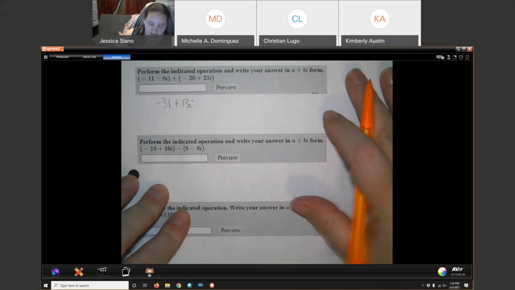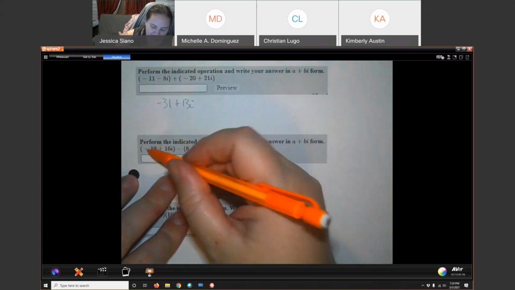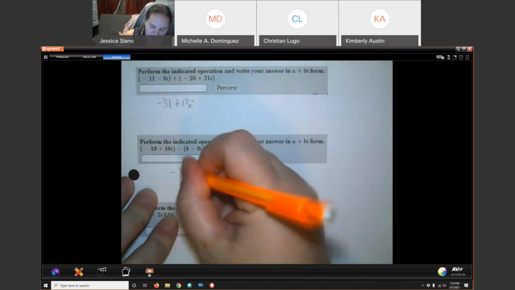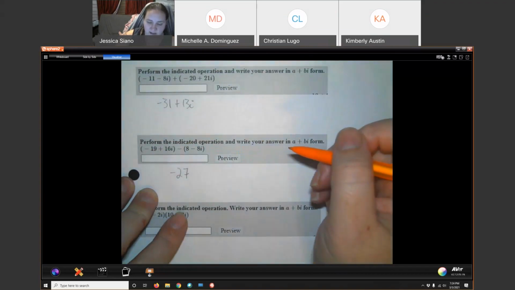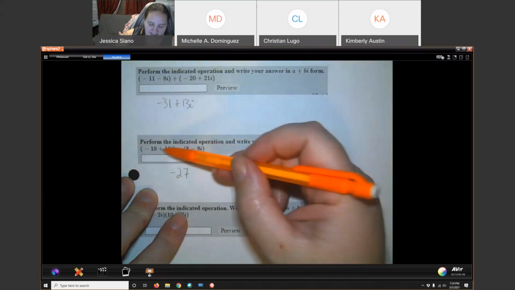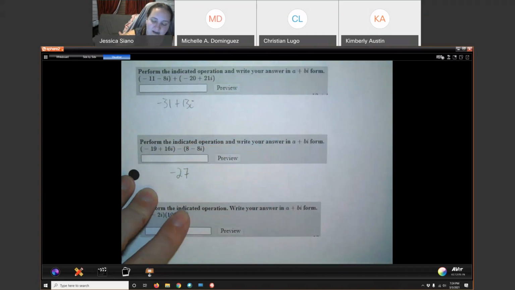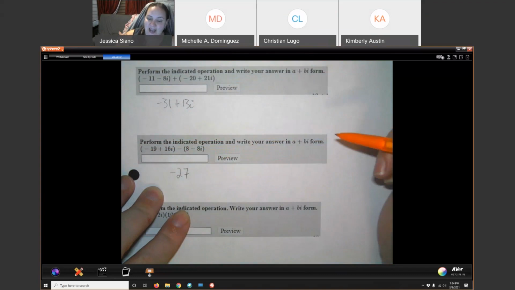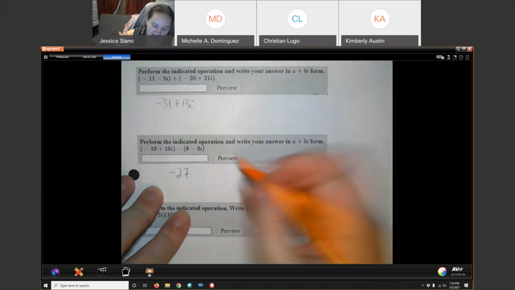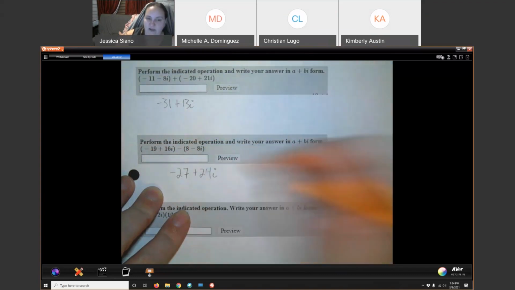Okay, so same thing right here. We're going to subtract. Negative 19 minus 8 would be negative 27. And then 16i minus a negative 8i would be the same as 16i plus 8i, which would be 24i.